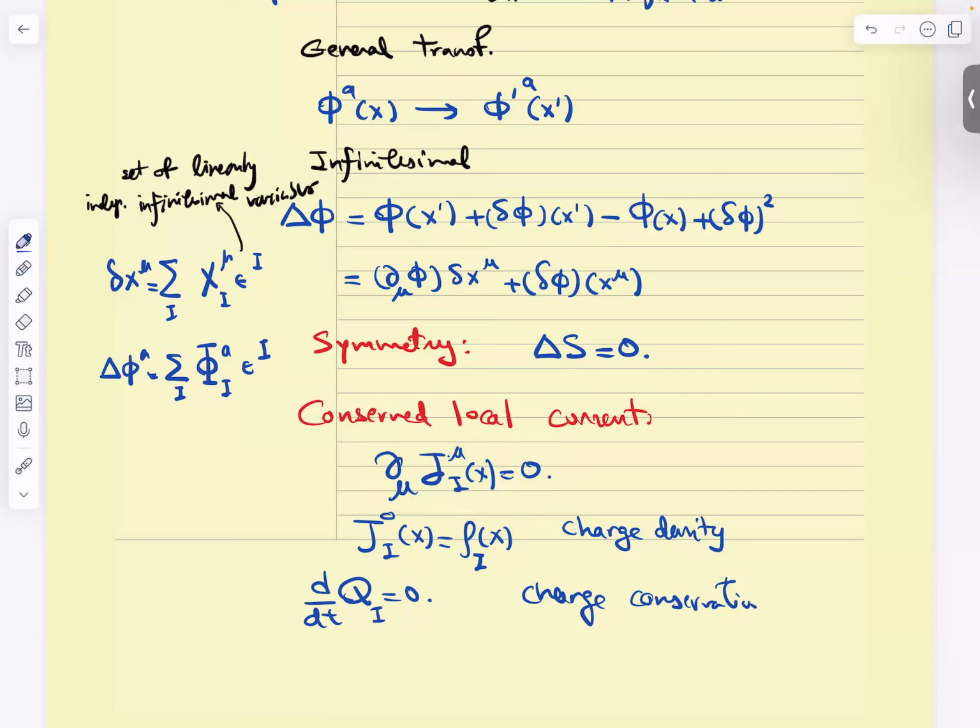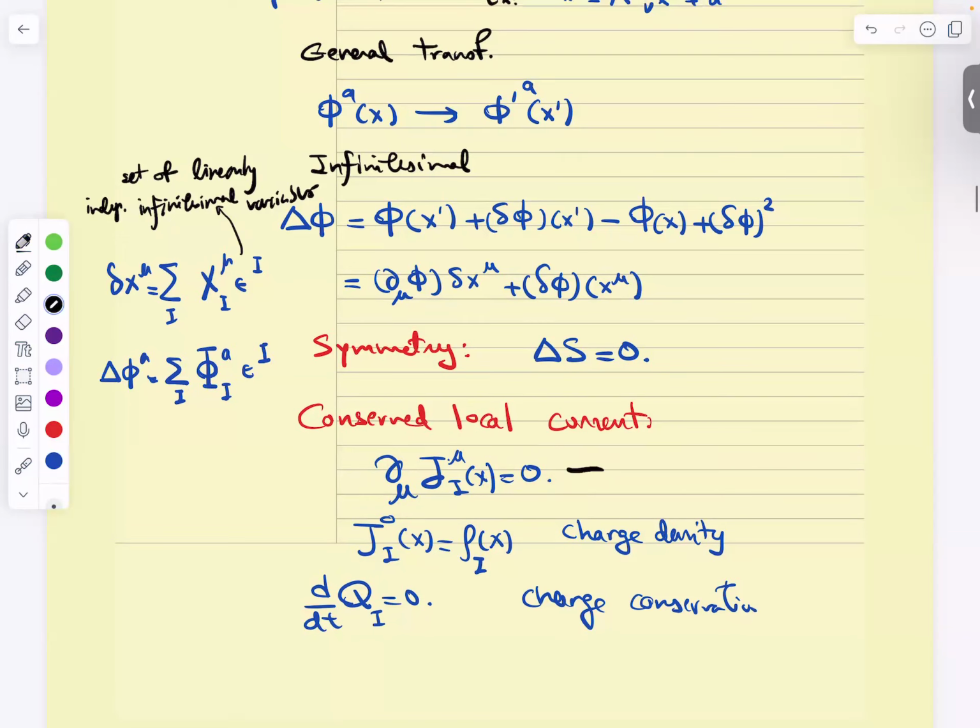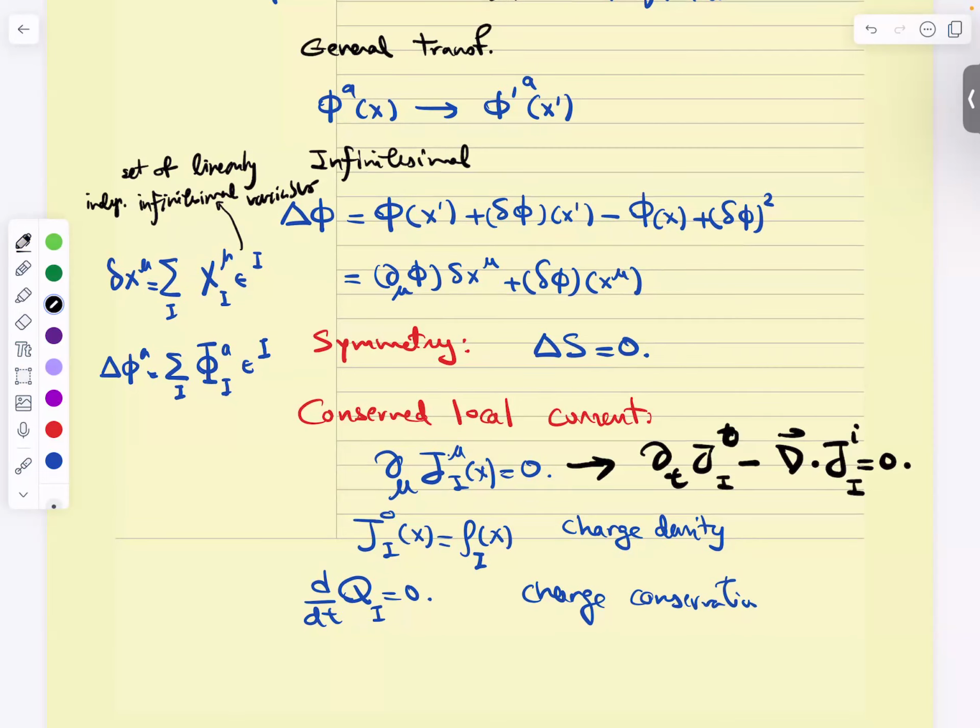By the way, hopefully this is clear. Why is this a conservation law? Because this is del t of J t, or J0 of i, I think I called it. J0 of i is a charge, it's called the charge density. This means that the change in the charge density is equal to the gradient of it.